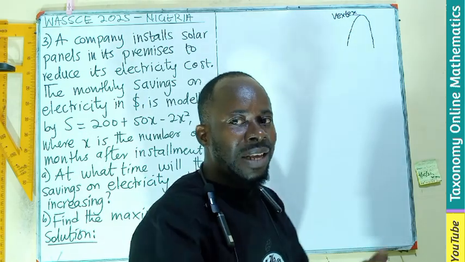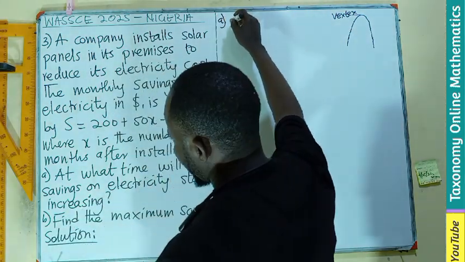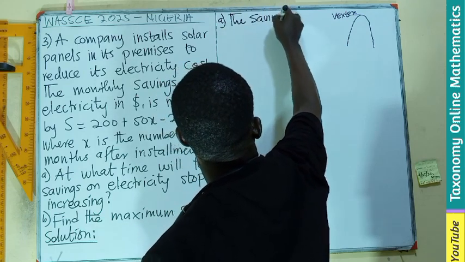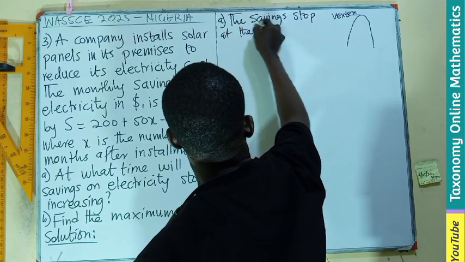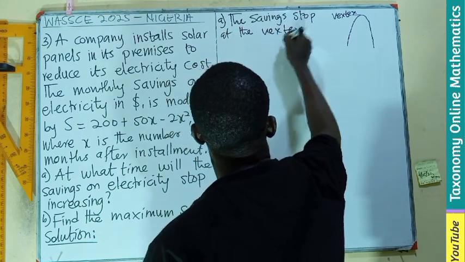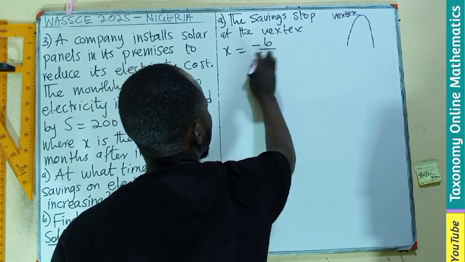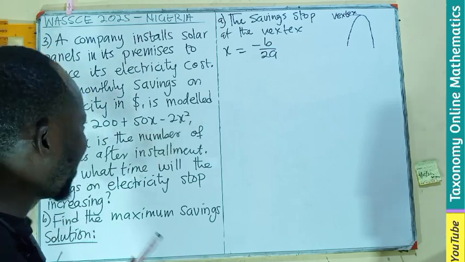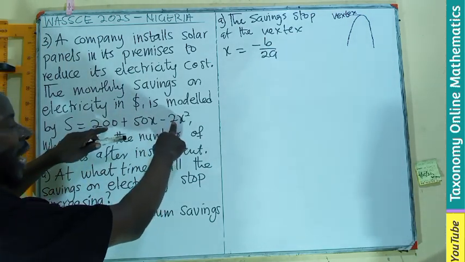And in finding the vertex, the savings stop at what? The vertex, right? Therefore, x is equal to negative b over what? We have 2a, where the b and the a are just the coefficients, the coefficients of a, b, and c.